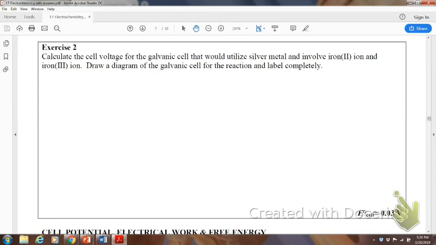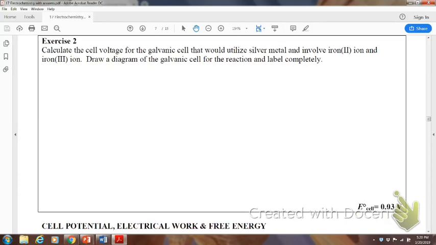All right, so what do we want to do first? Do we want to calculate the cell voltage, or do we want to draw? It doesn't really matter, except that you do have to know the voltage to be able to draw that in the voltmeter. So let's figure out, if we look up the values, silver to be reduced, so let's just do that.